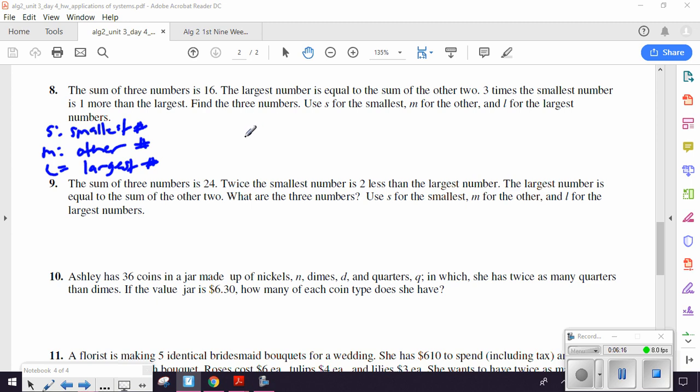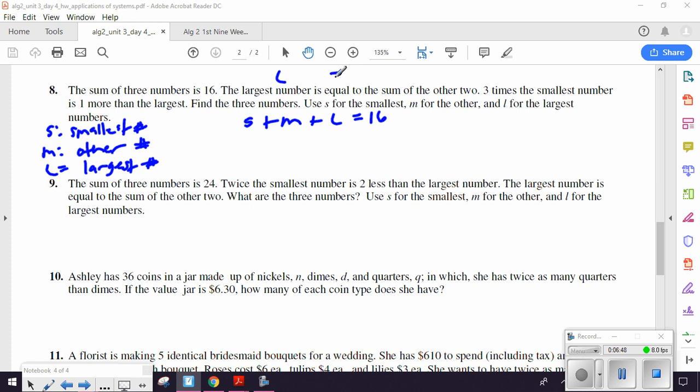Since I have three variables, there should be three equations in this system. The first equation will come from the first sentence. The sum of three numbers is 16. So that means S plus M plus L is equal to 16. Then it says the largest number is equal to, so it tells you equal literally.